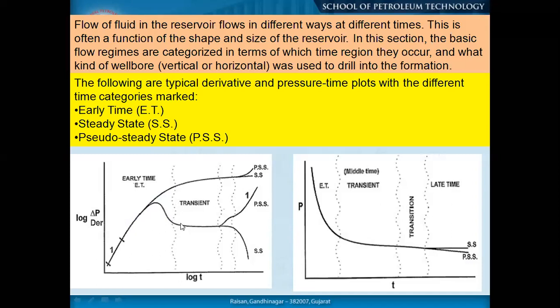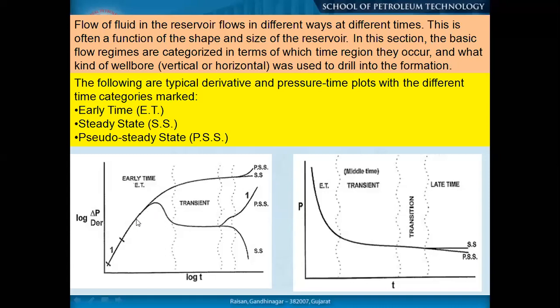Then the pressure is more or less stable, and if you see the derivative graph, you can easily understand the slope of this graph is 0. What is the meaning of it? That means we have reached our reservoir domain. We have a positive slope as well as a negative slope in the skin, so two types of part are there.